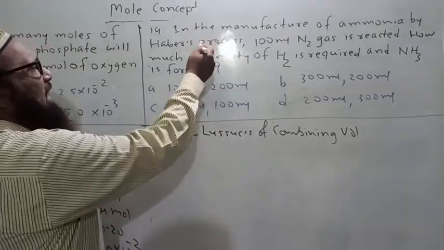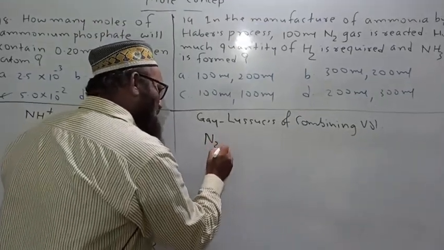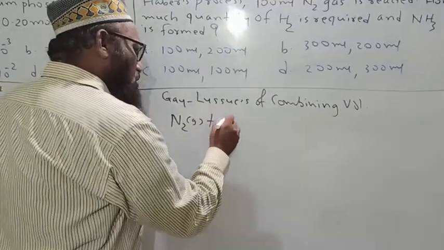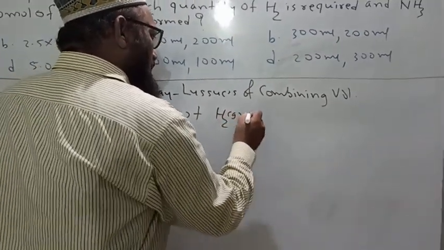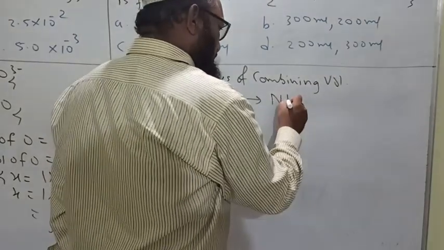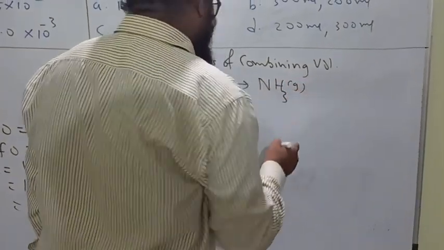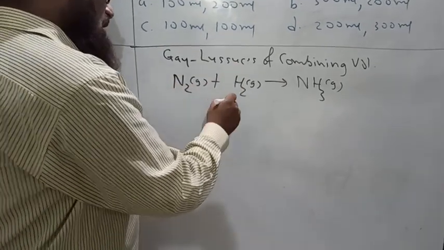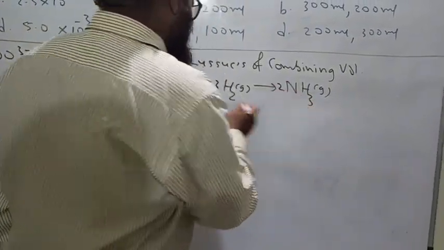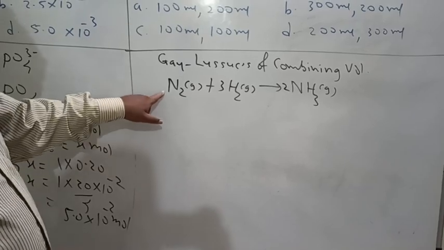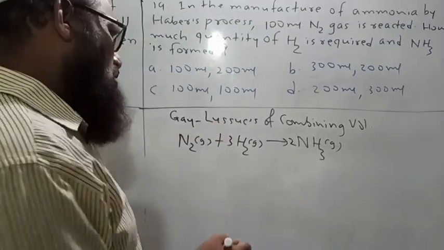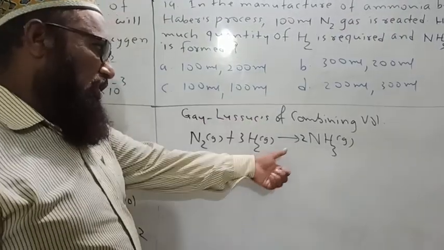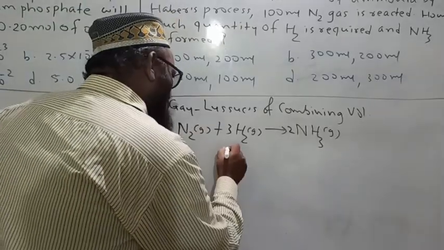Let us write the reaction. Nitrogen gaseous state, hydrogen gaseous state, ammonia gaseous state. Let us first write the balanced reaction: N2 + 3H2 gives 2NH3. According to Gay-Lussac's law, the volume ratio of gaseous reactants and product is 1:3:2.